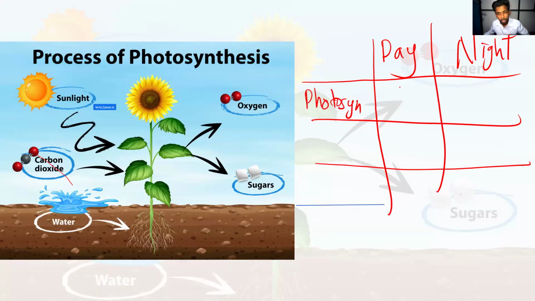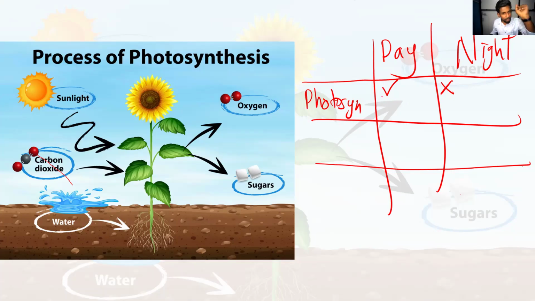We'll put a tick mark. Photosynthesis occurs during the daytime. Now again, does photosynthesis occur at night time? No, photosynthesis will never occur during the night time, because we need the sunlight. During the night time, we don't have the sunlight. So photosynthesis will never occur during the night time.